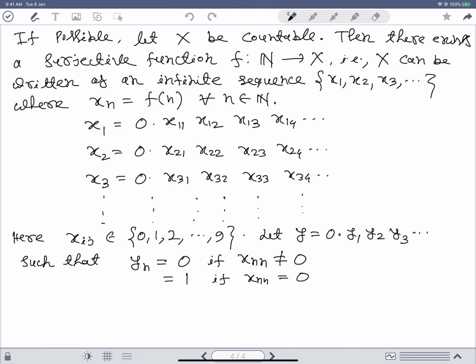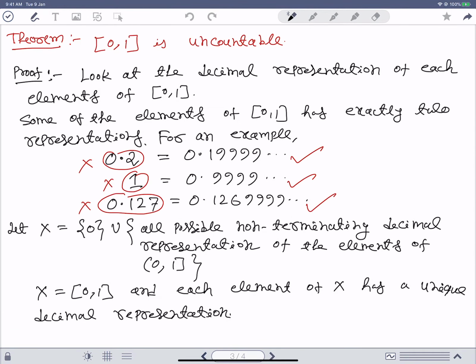Now since y is a decimal representation of a 0, 1 sequence, the element y belongs to the closed interval 0, 1, and yn is not equal to xnn for all n belonging to the natural numbers. But we have assumed that X is the collection of the unique representations of the elements of 0 to 1.